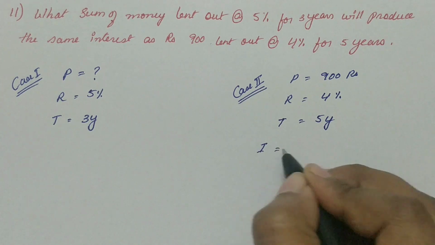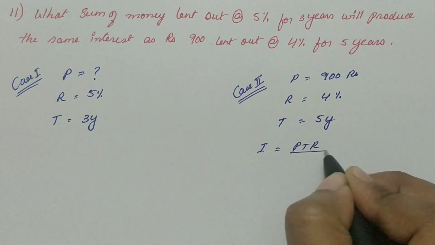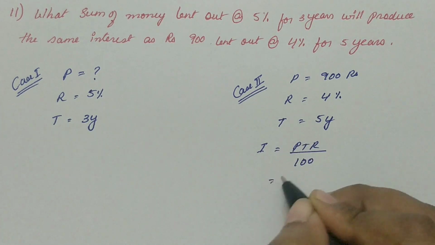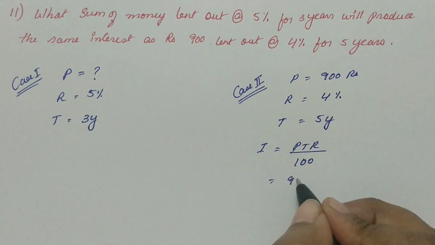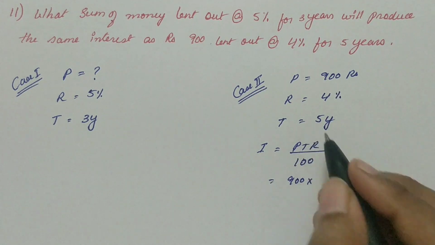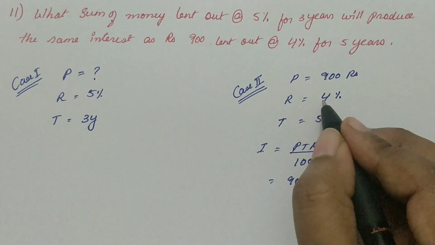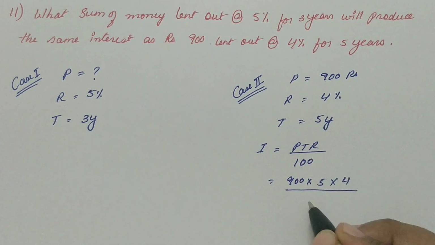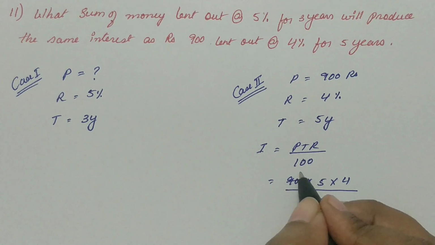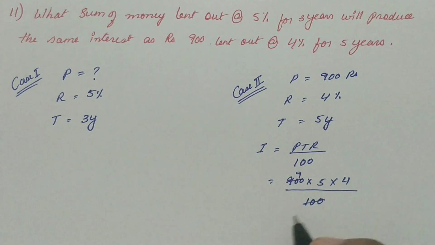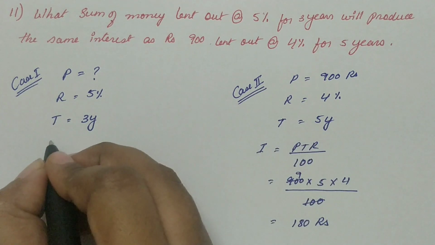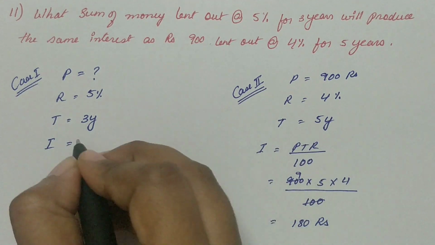Simple interest I equals PTR by 100 equals 900 into 5 into 4 divided by 100. 100 goes 9 times. 9 into 5 into 4 equals 180 rupees. Given interest is same in both cases, so I equals 180 rupees.